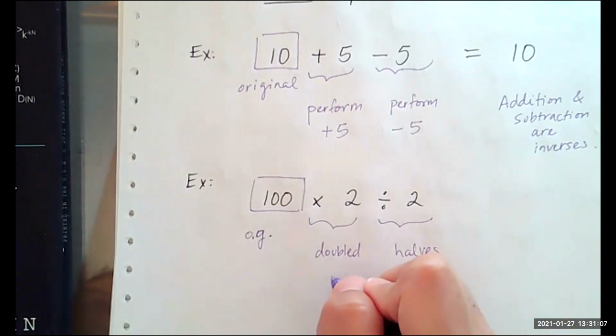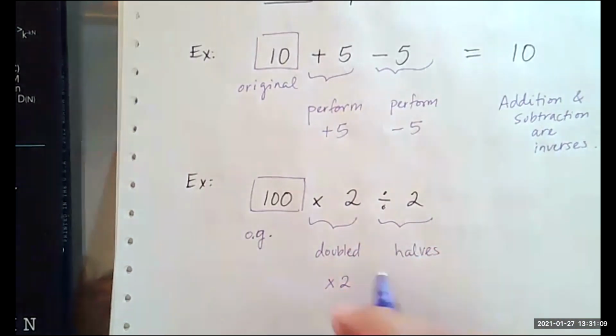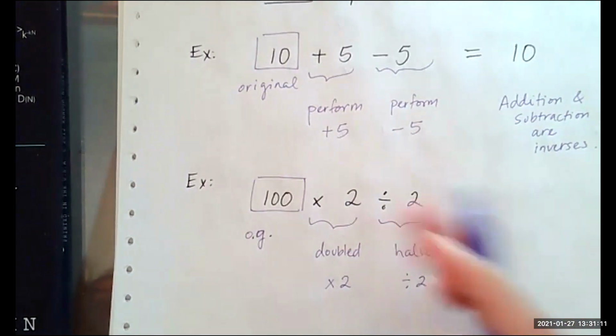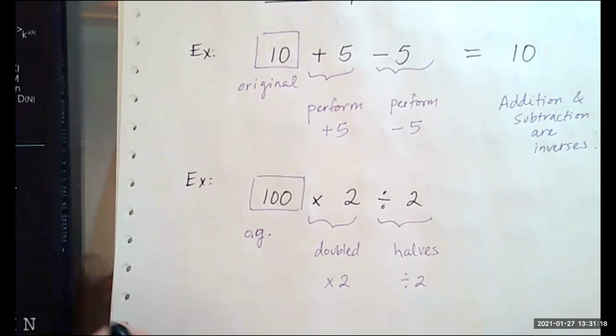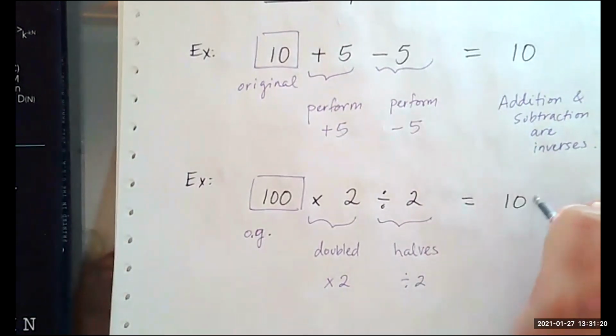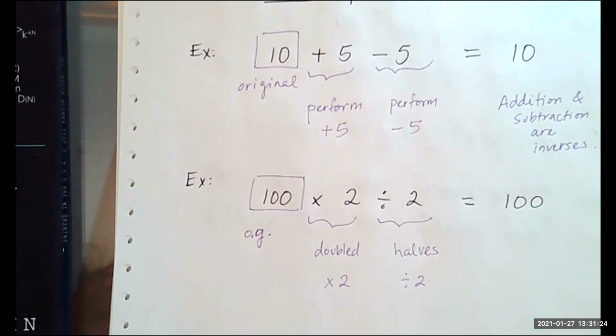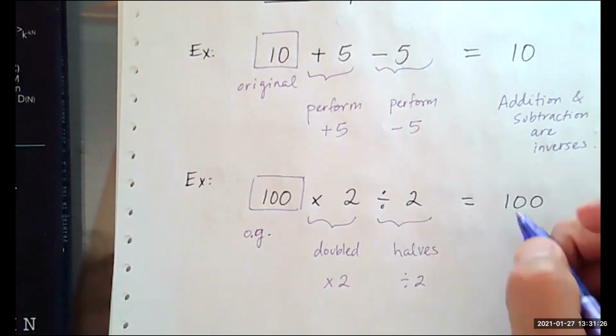In any case, it performs multiplication by 2 and then division by 2, and those cancel out, because 100 times 2 is 200. 200 then divided by 2 gets us back to our original. So we can say that, in some sense, multiplication and division are inverses.